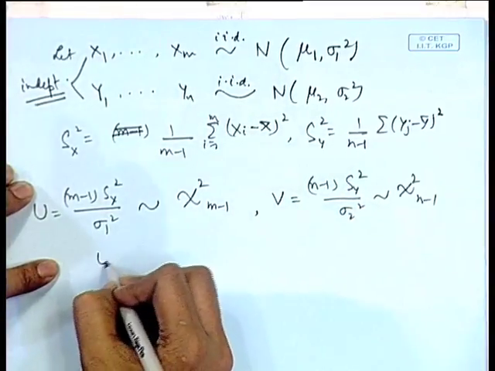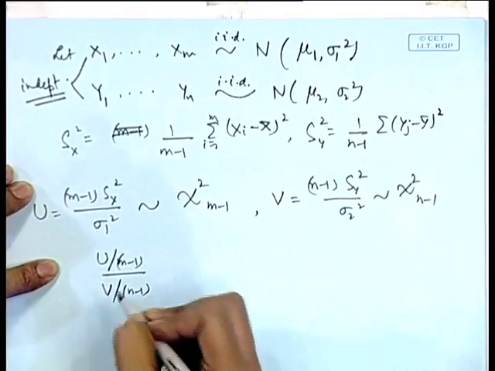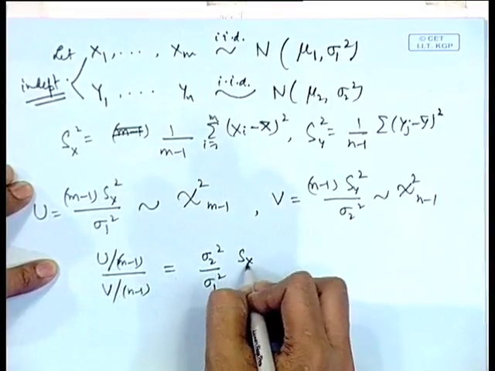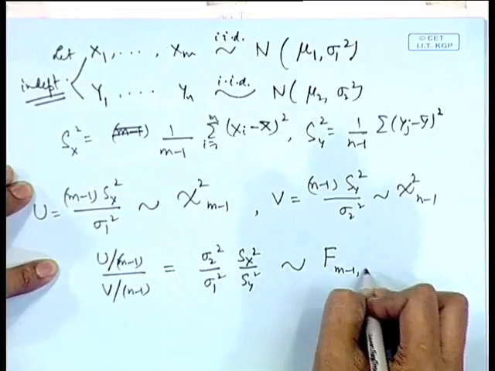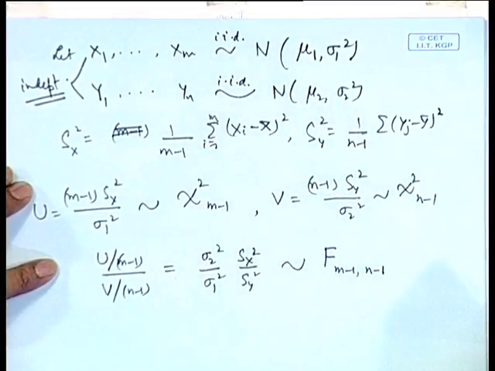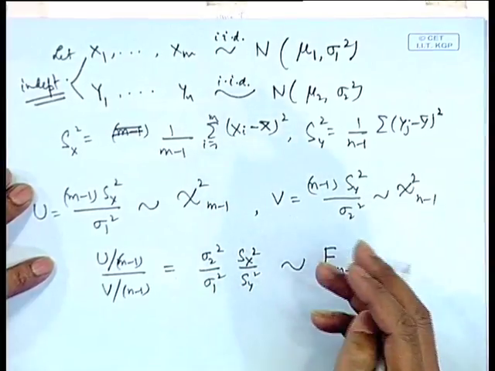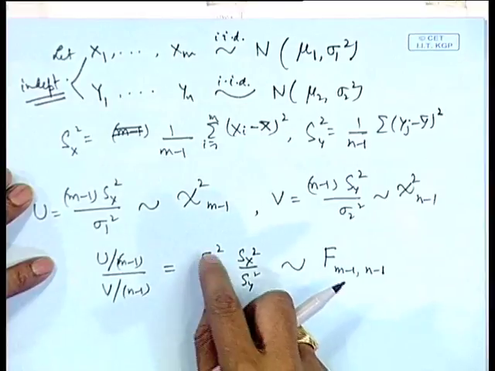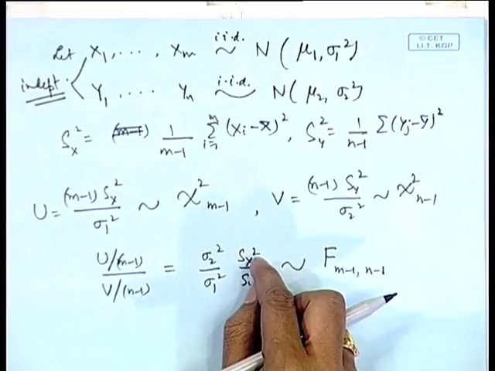Then if I take the ratio u divided by m minus 1 divided by v divided by n minus 1, then this is nothing but sigma 2 square by sigma 1 square S x square by S y square, that follows f distribution on m minus 1, n minus 1 degrees of freedom. So, this result is used quite frequently in drawing inferences on ratios of the variances, because ratios of the population variances and ratios of the sample variances are occurring here.